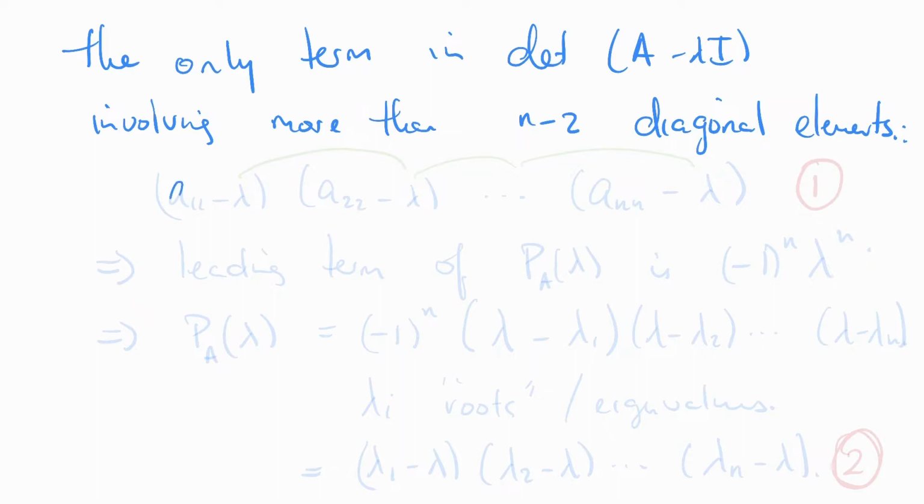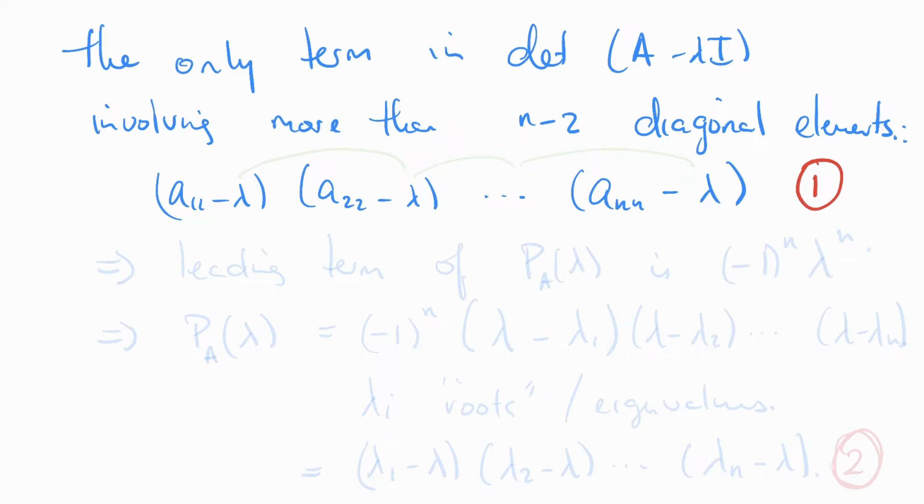A11 minus lambda, A22 minus lambda, Ann minus lambda. This is a term that pops up in the determinant. It's the only one that involves more than n minus 2 lambdas. We're going to call this equation 1.